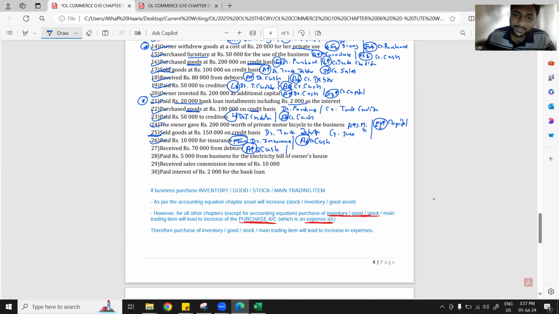Debtor is an asset for us. That asset is decreasing. So asset decreases, it's a credit record. Cash debit, debtor credit.